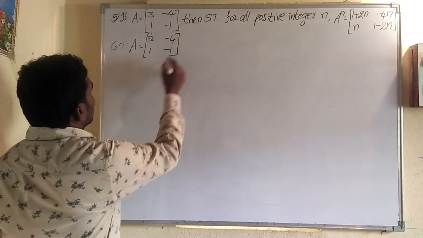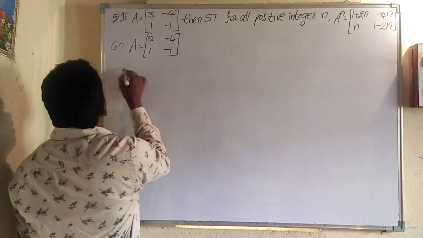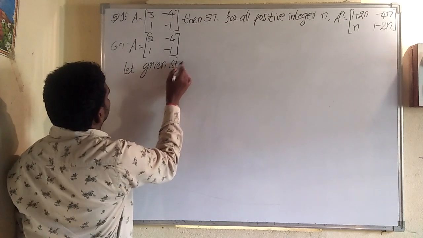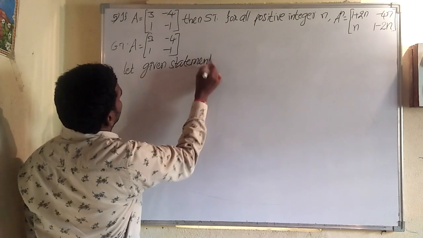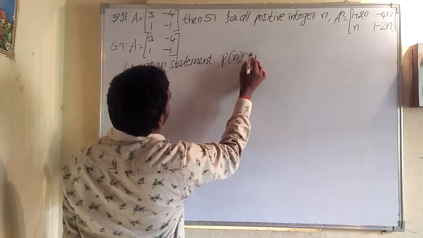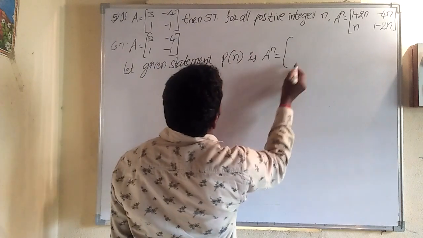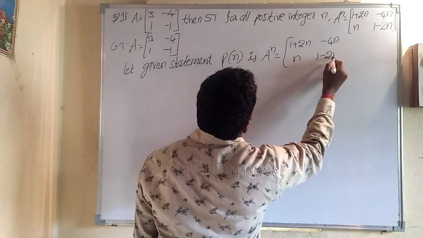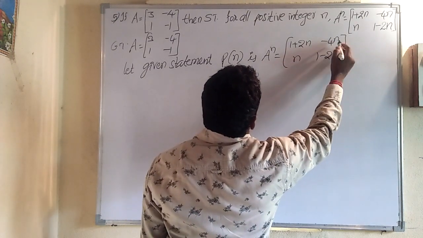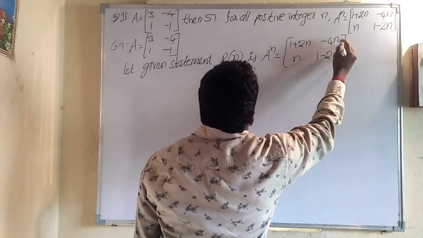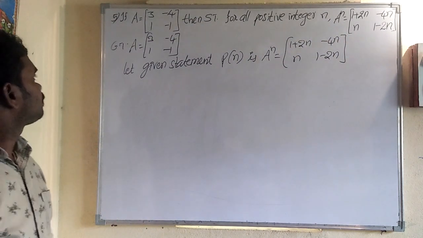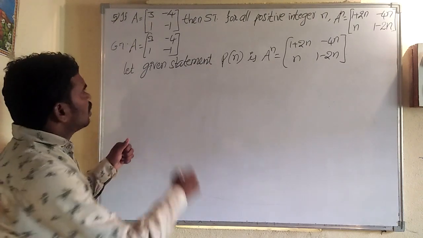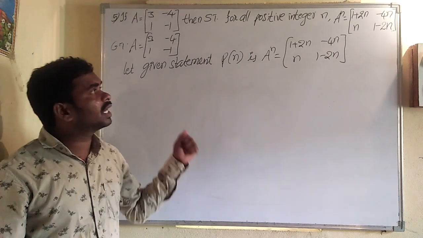Let the given statement P of n be A power n equals [1+2n, -4n; n, 1-2n]. This is a different method of solving, using the principle of mathematical induction.